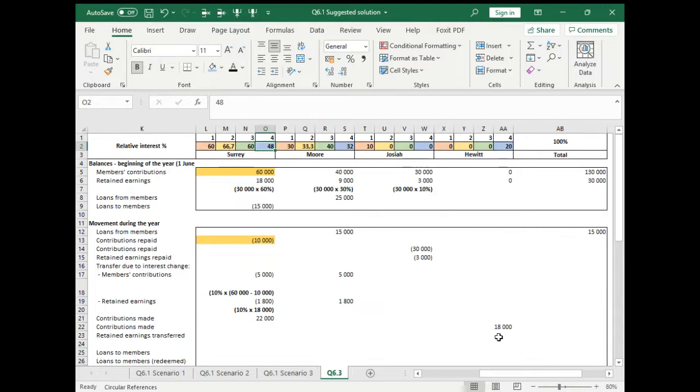So that means Surrey and Moore are giving a portion of their retained earnings over to Hewitt, based on the percentages they're holding. So the retained earnings that is transferred will be 20% of whatever Surrey has at that stage. Now, what you have to do is you take their opening balances and adjust them for any movements prior to that date.